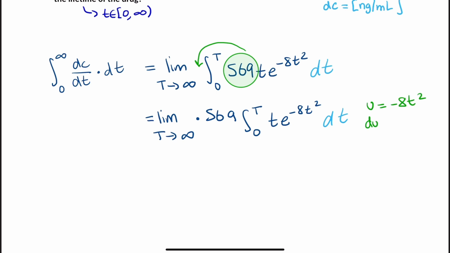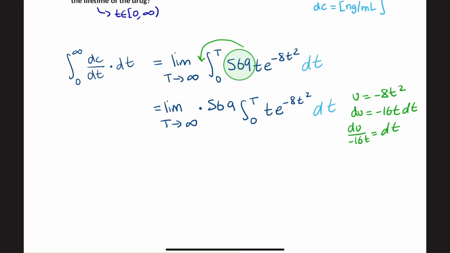That's because when we take its derivative, it's going to be negative 16t. And so by doing that, we can easily get rid of this t. So this will be du equals negative 16t dt. And solving for dt, we get du divided by negative 16t is equal to dt. So let's go ahead and sub that in right now.